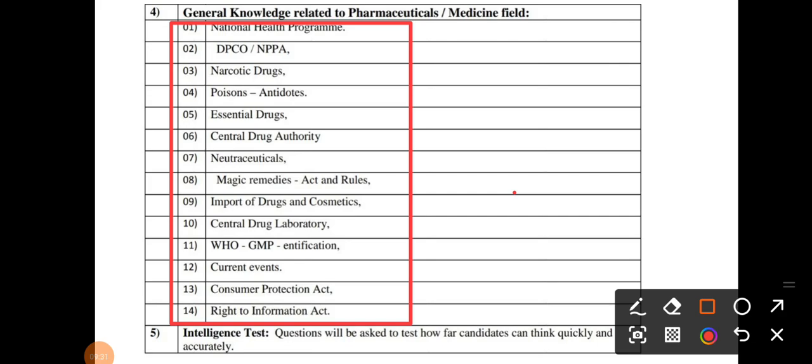Prepare your plan, and do pharmacology, microbiology, and pharmaceutical jurisprudence on a priority basis, and then do the remaining minor subjects. These are very important subjects, because whatever questions they ask, the major portion comes from pharmacology, microbiology, and pharmaceutical jurisprudence.